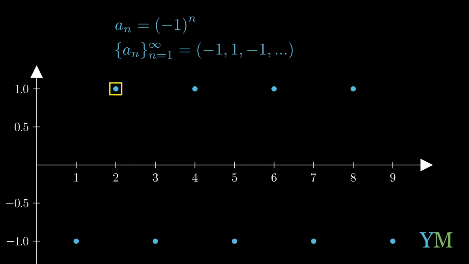But the third element, -1, is smaller than the second one. And the fourth element, 1, is greater than -1, and so on. Meaning this sequence is not increasing and is not decreasing. It's just a general sequence. It is not monotone, although it is bounded.